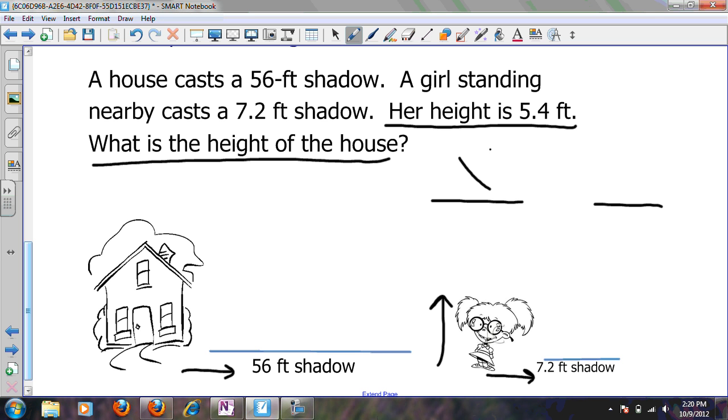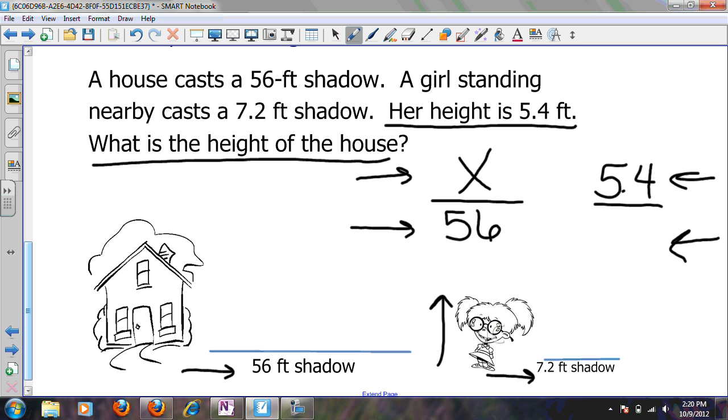I don't know the height of the house, so that is going to be a variable. The shadow of the house is 56. Now I'm going to go to the girl. Remember, X is the height of the house, 56 is the shadow. So I need the height of the girl, which is 5.4, compared to the shadow of the girl, which is 7.2.